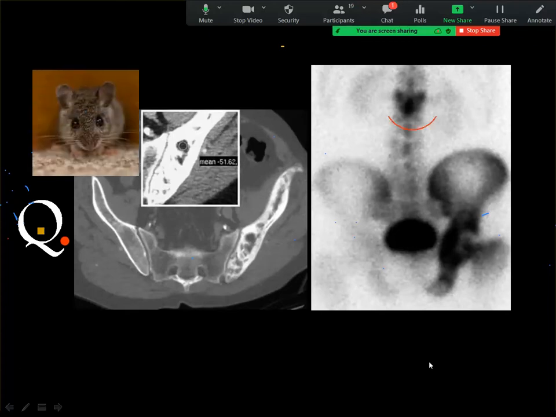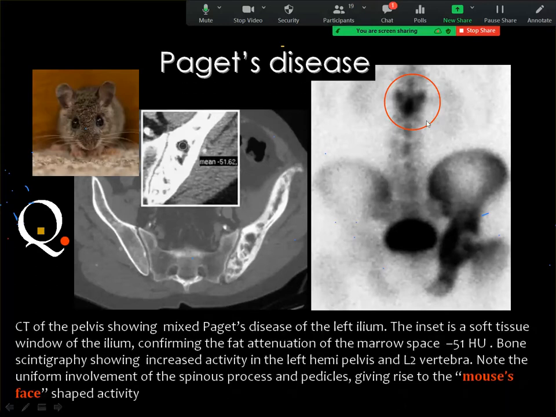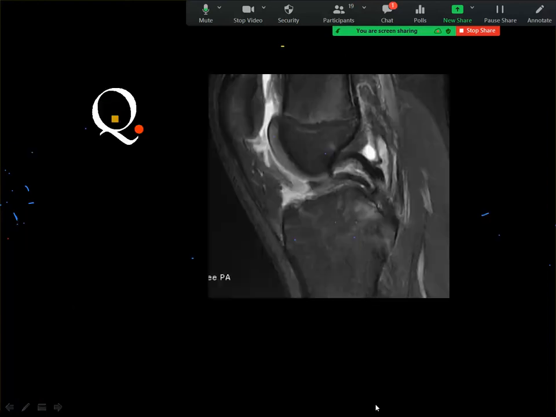And one of the criteria mentioned in the literature is the presence of the mouse face in the spine, because the vertebra is affected together with the pedicles, giving this characteristic appearance. Of course, you do not see this in every case, but you consider the enlargement of the bone and the heterogeneous texture of mixed sclerosis and osteolysis as diagnostic of Paget disease. Next case.